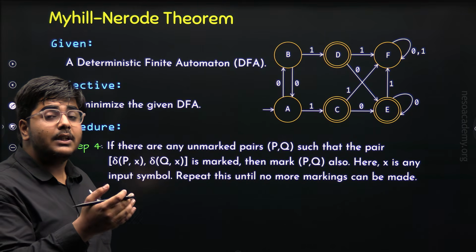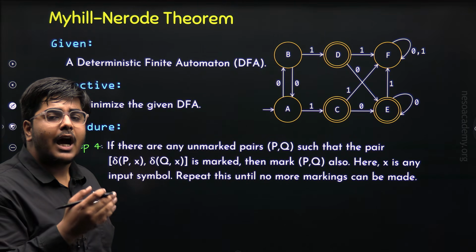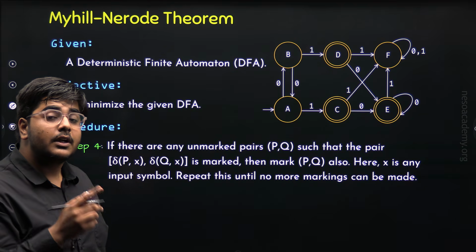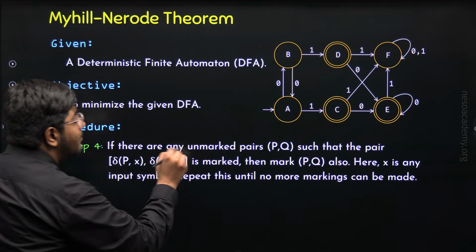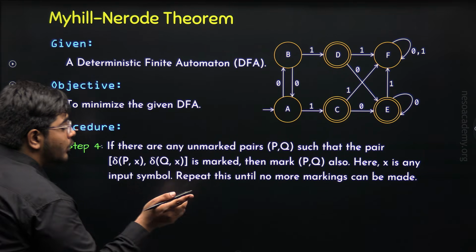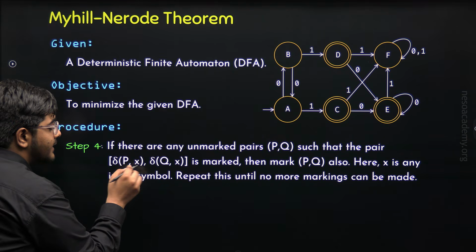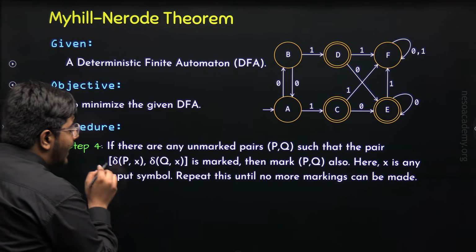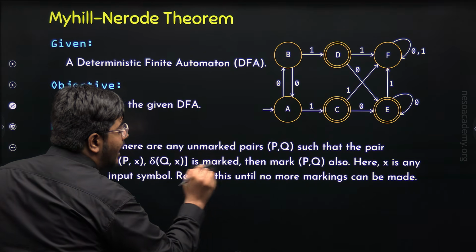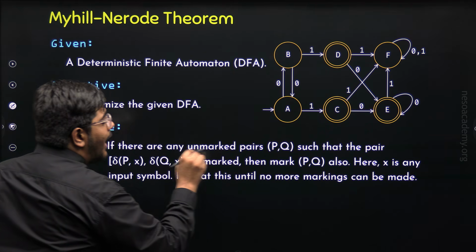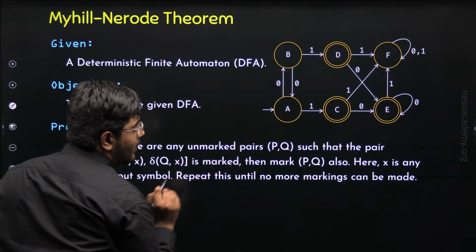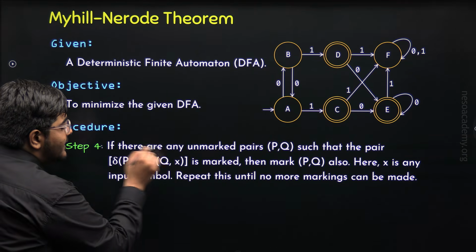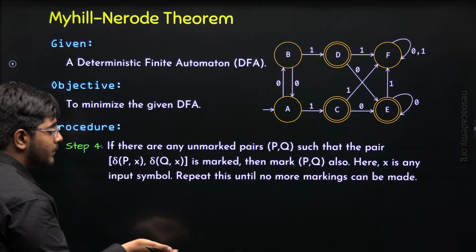Now it is possible that a few pairs of states are left unmarked. So for every unmarked pair P, Q, you need to calculate delta(P, X) and delta(Q, X). And if this particular pair is marked, then you also have to mark the unmarked pair P, Q, where X is any input symbol.